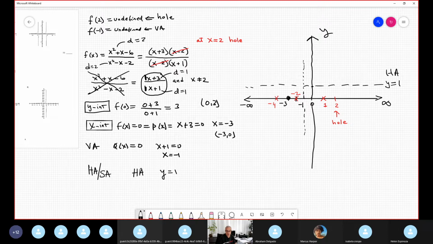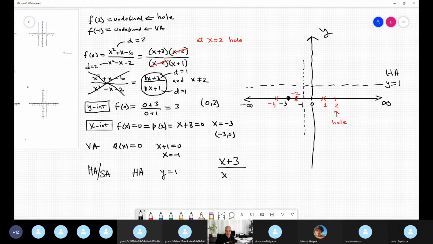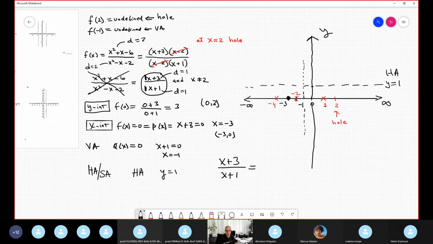This is important, guys, and the student forgot this. I don't know exactly what the way is, but maybe I need to detect if the curve crosses the x-axis. The way is super easy to verify. You take the original or you take the other. I suppose I take the other. X plus 3 divided by x plus 1. You take that and you force it to be 1, which is the value associated with the horizontal asymptote. And you solve this equation.